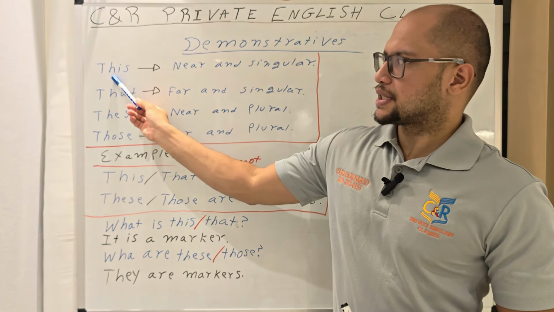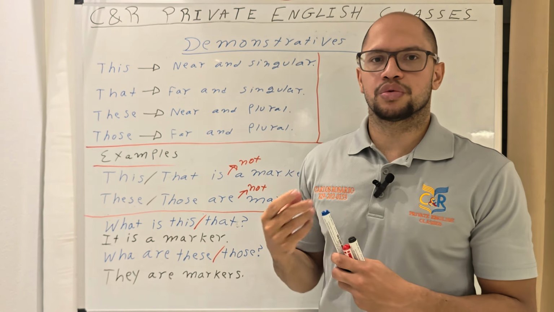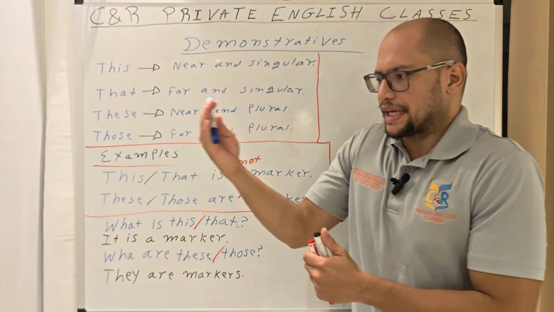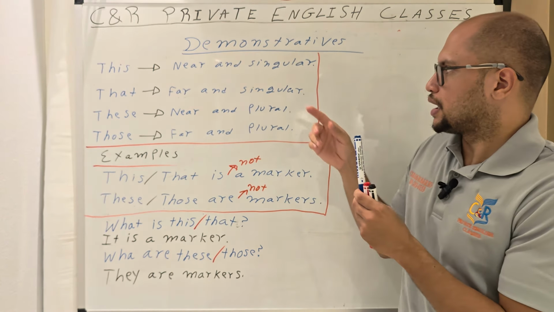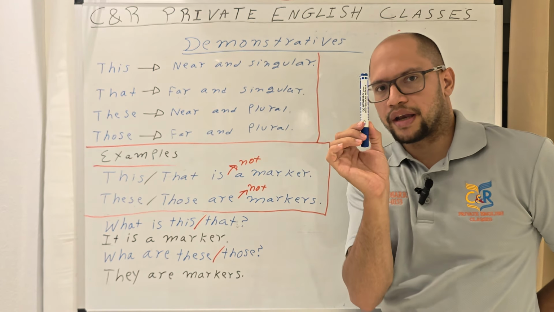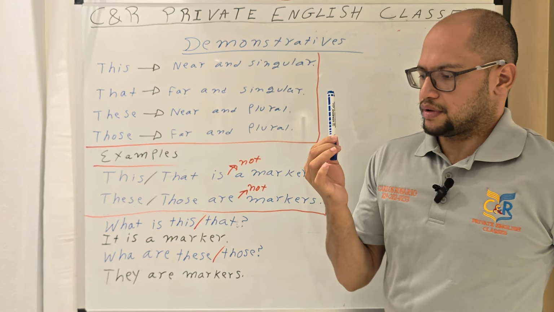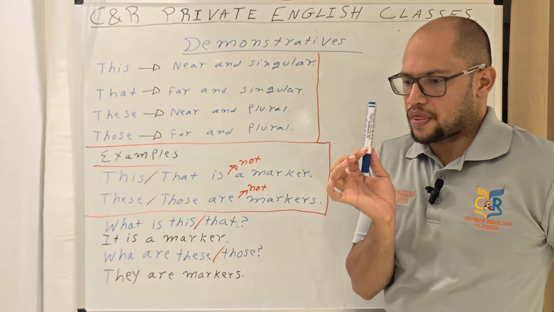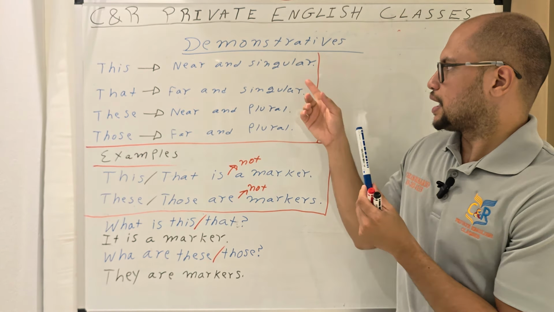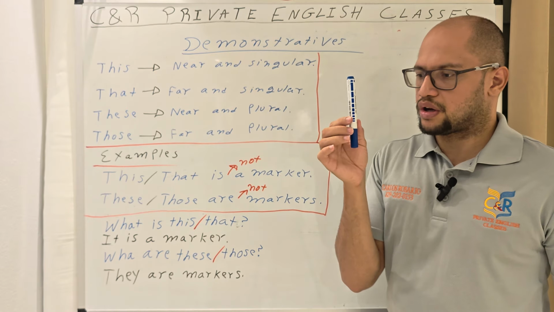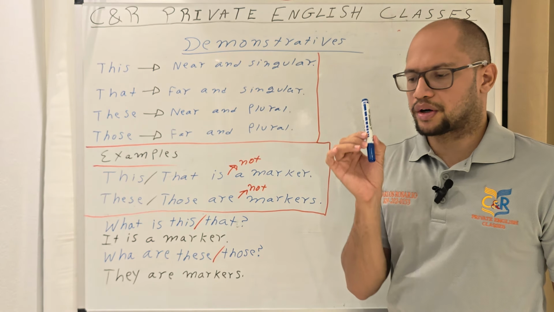We use this when you want to refer to an object that is near, in the distance, near, and singular, only one. So this, because it's near and singular. So this is a marker.